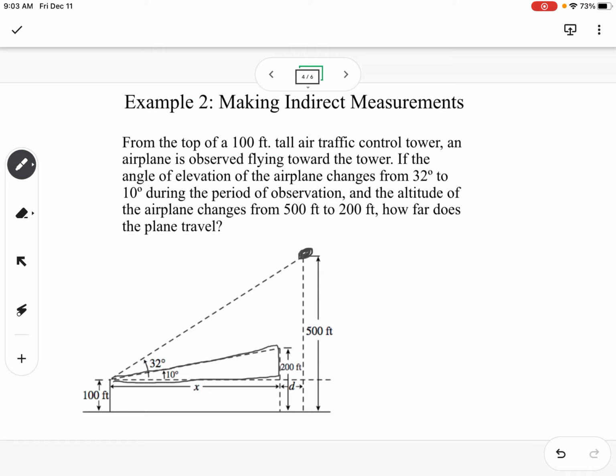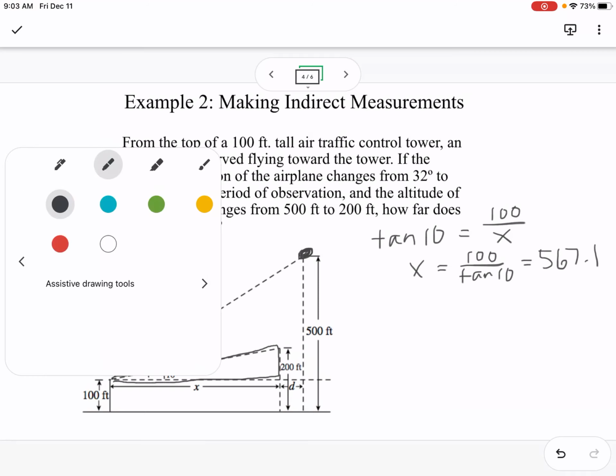So that would be a height of 100, and we're looking for x. We're going to use tangent again. So tangent of 10 is equal to 100 over x. We multiply both sides by x, so it's going to be 100 divided by tangent of 10, which is about 567.1.